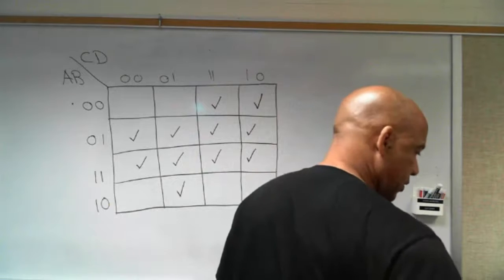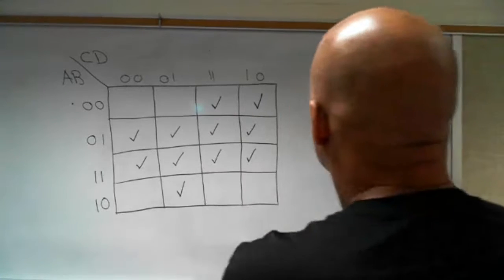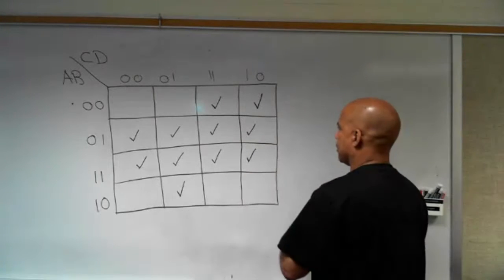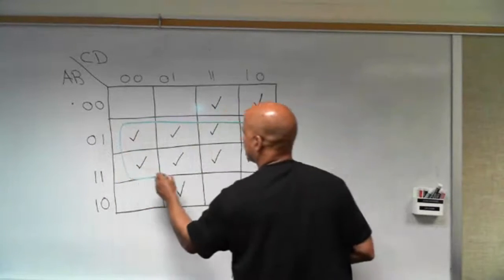How many groups for this one? I have 3. 3? I have 3 as well. Okay. So I'm assuming you got this one right here, everybody, right? That one. Yeah, I got that one.